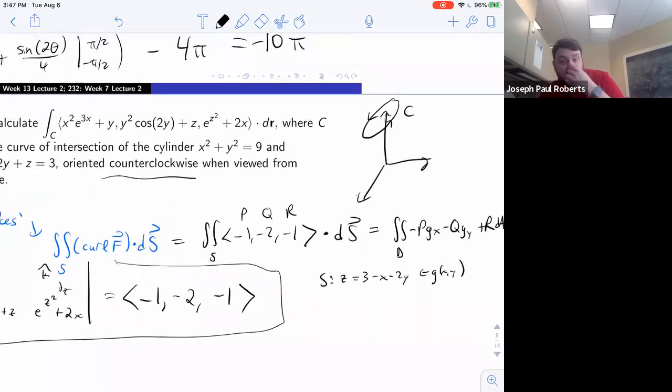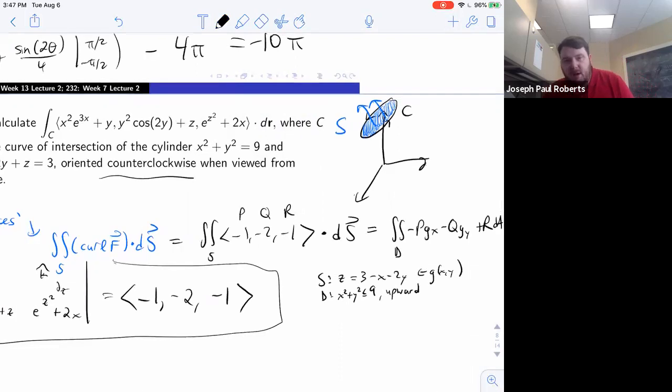Because the whole idea with Stokes' theorem is I do the flux of curl F across any surface, any way that I could have soap stuck on this circle C. And then they have to have compatible orientation, so counterclockwise from above for C means upward for S. So that's why I use my upward Z-graph shortcut for this situation.